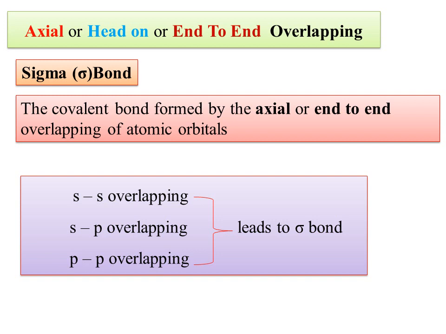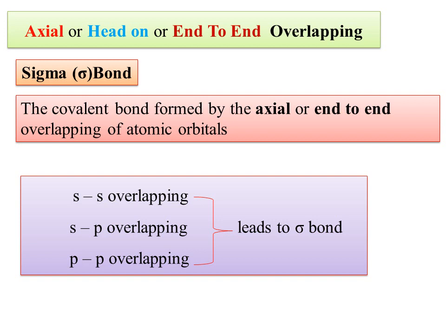Axial, head-on or end-to-end overlapping leads to a sigma bond. Here the covalent bond is formed. You know that a bond is formed when you have valence electrons with unpaired electrons, and they have to overlap.